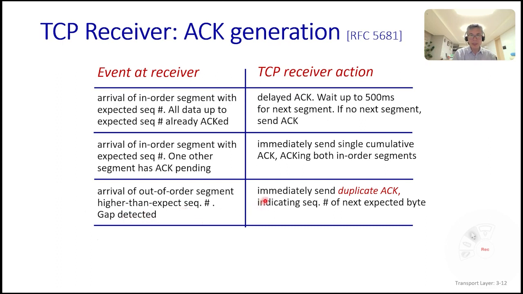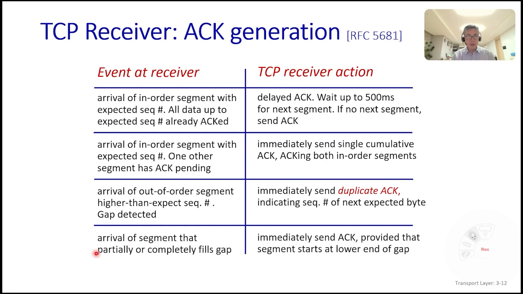In that case, immediately send a duplicate ACK. Eventually, 3 duplicate ACKs make the sender retransmit the corresponding segment. That is fast retransmit, which we'll learn later. Then there is the arrival of a segment that partially or completely fills the gap.